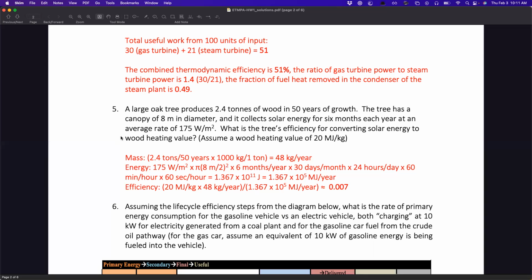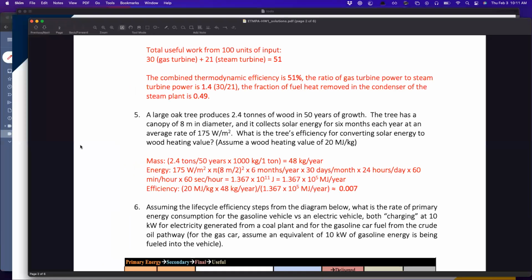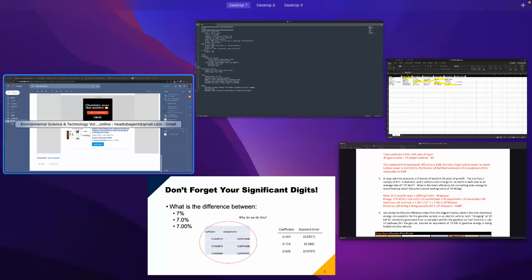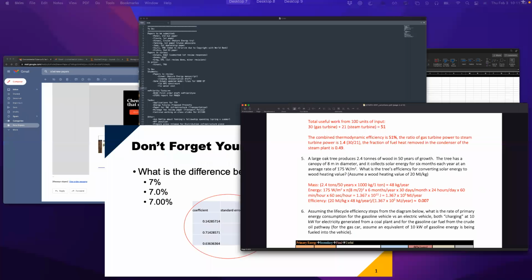And so that's why we report the same level of precision in our output as we do in our input. Does that make sense? Okay. So I don't think I marked any points off, but this is an important skill to keep in mind.